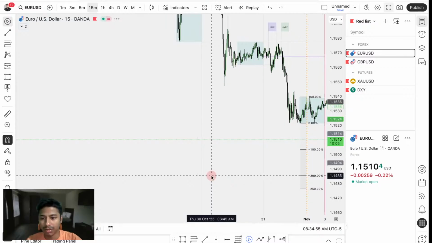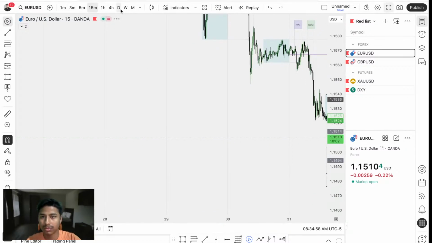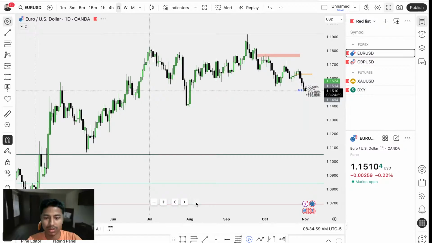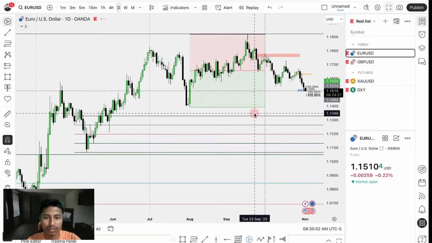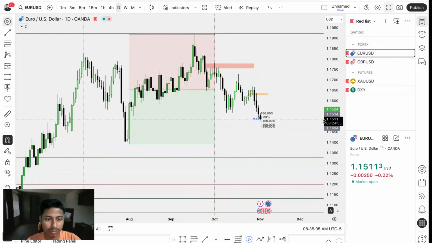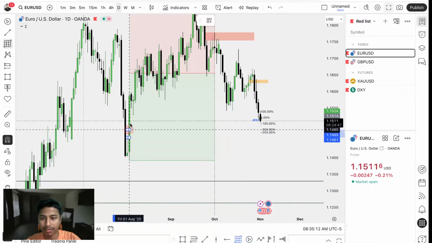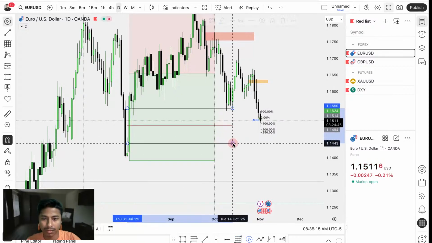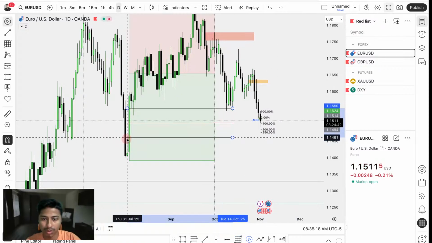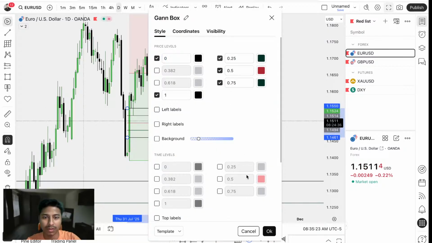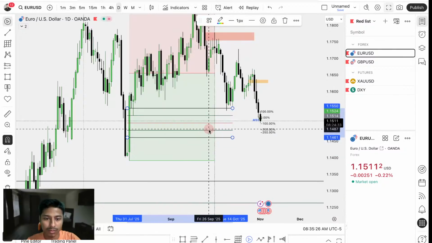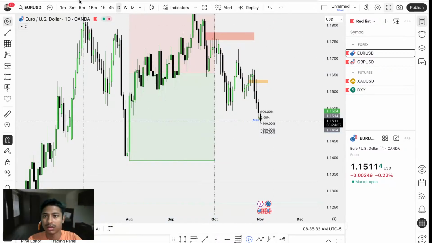What do we have here? So, daily time frame. I think it should be the midpoint of this fair value gap. No, maybe 75. Yeah, 75% of the FVG. That makes more sense.